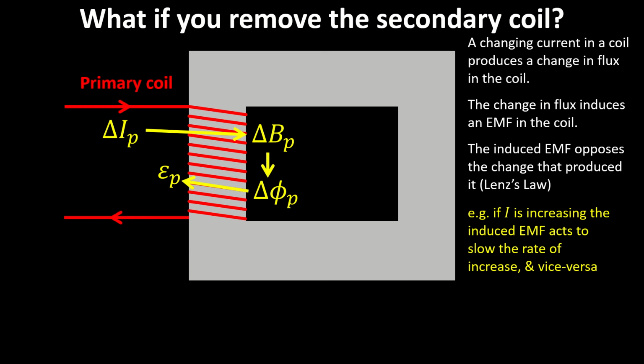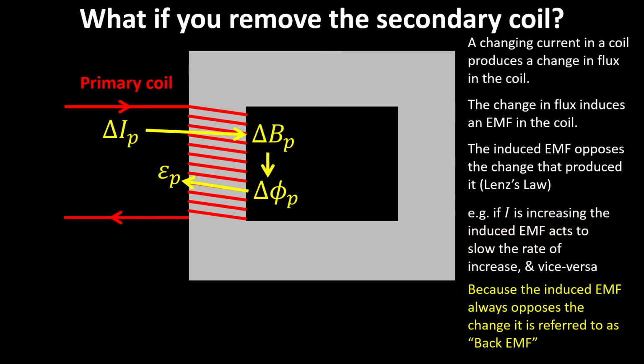If the current was decreasing, the EMF would be the other way around, so that it would act to maintain the current. It would still decrease, but not as quickly. So whenever you change the current in a coil, it produces an EMF that opposes whatever it is you're trying to do.